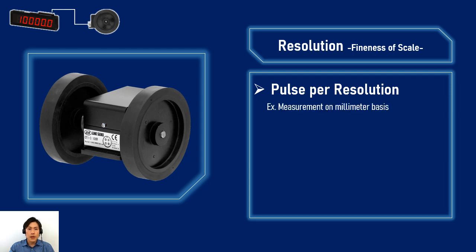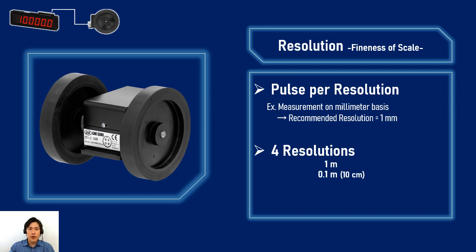For example, if you want to conduct length measurement in millimeters, choose a model that outputs one pulse every 1 millimeter. And CT1 series has 4 resolutions: 1 meter, 0.1 meters, 0.01 meters, and 0.001 meters. You can choose any of these resolutions according to your needs and purposes.